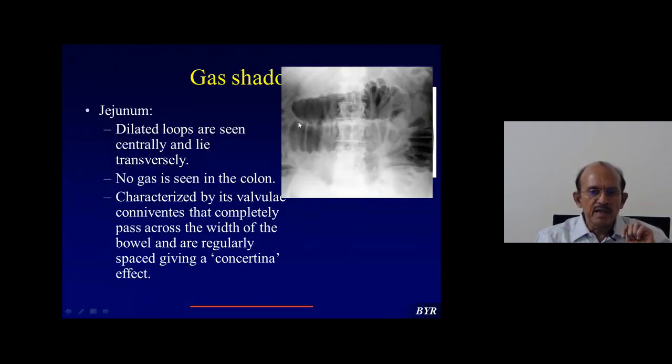Whenever you see such striations in the gas shadow, and the striations pass from one border to the other border and are not interrupted, so there are uninterrupted septae in the gas shadows. There are multiple gas shadows with multiple septae. So this is a jejunal shadow. I hope you understood. This is a jejunal shadow.